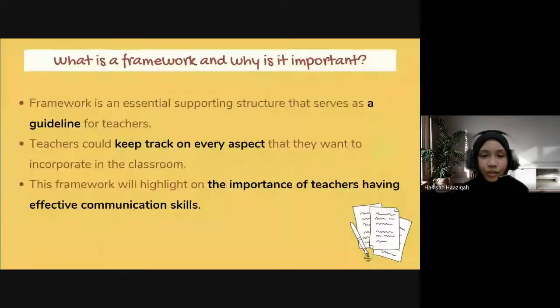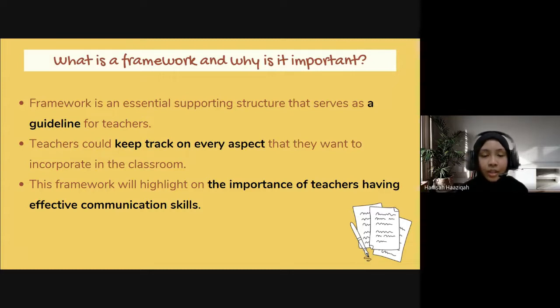Okay, so moving on to the first point. What is a framework and why is it important? A framework is an essential supporting structure that serves as a guideline for teachers. It is a written guideline that helps teachers keep track of every aspect they want to incorporate in the classroom.